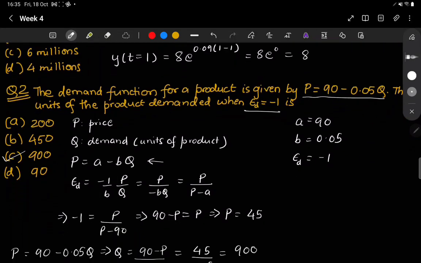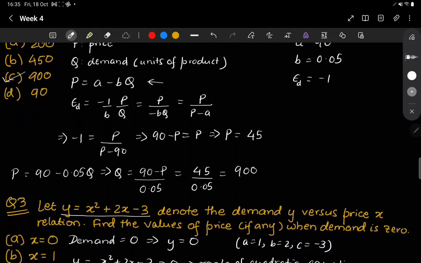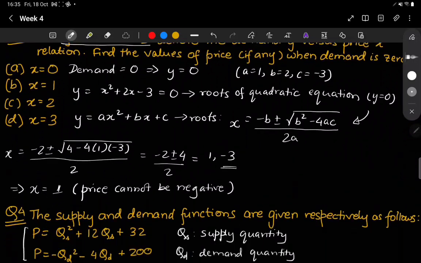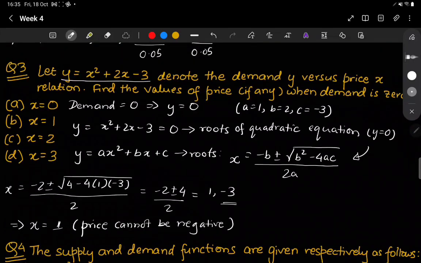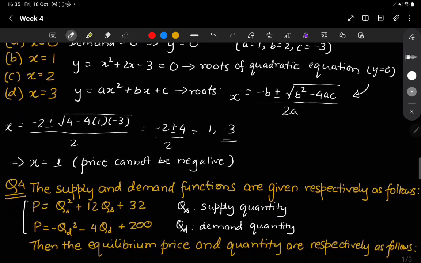So one important term that we saw is this epsilon d, which is the elasticity of demand, and this is the price demand equation that we have, and based on this price demand equation, this is how we find the elasticity of demand. And then roots of a quadratic equation, this is also basic mathematics.